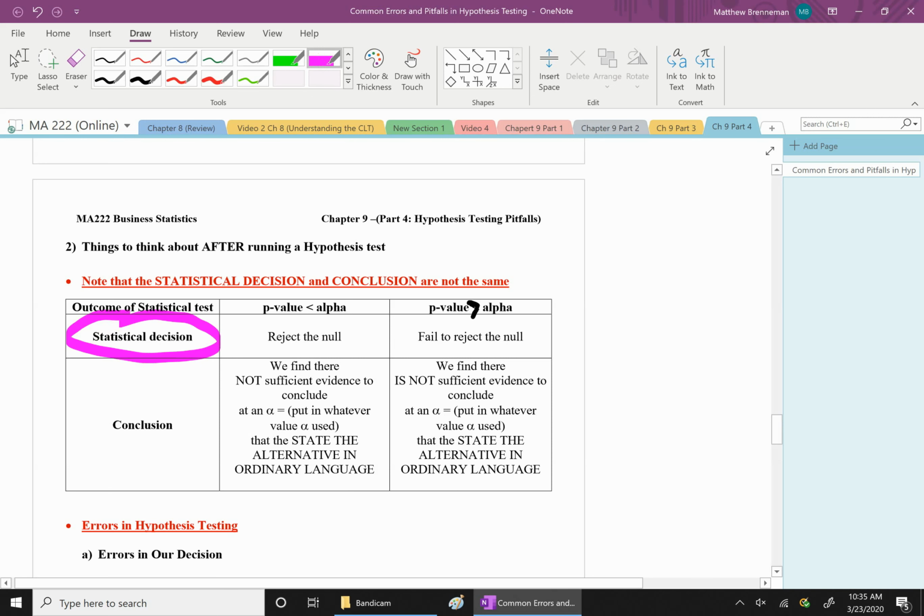It's not the same as the conclusion. The conclusion is what you say to a layperson. Here we don't use technical language; we keep the technical language to a minimum.